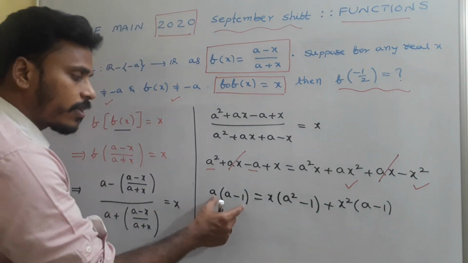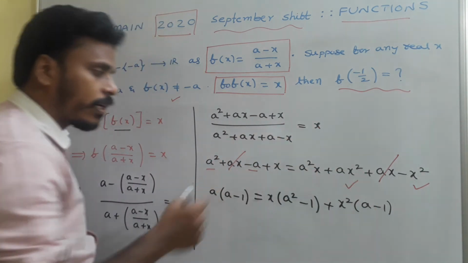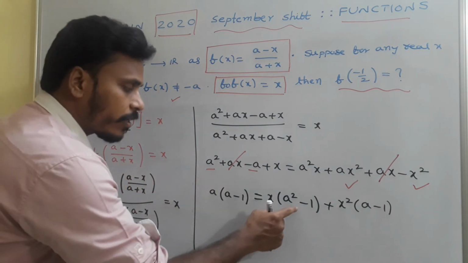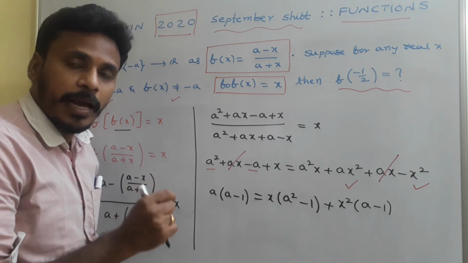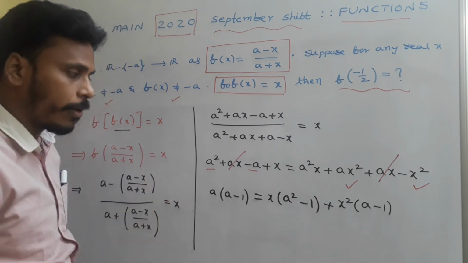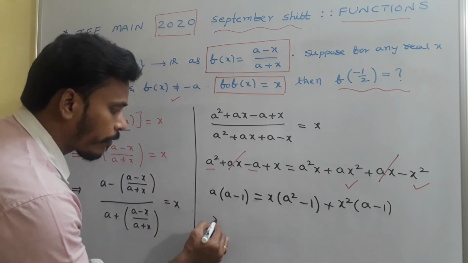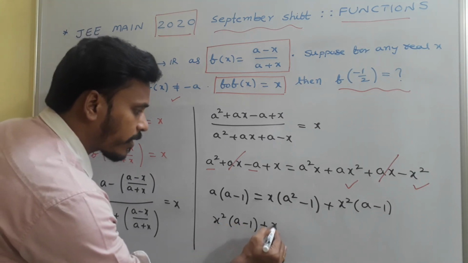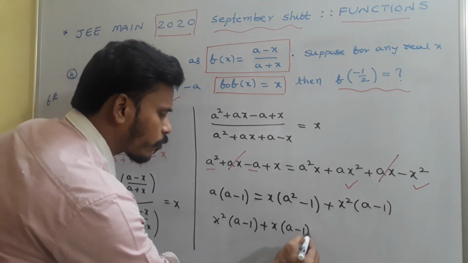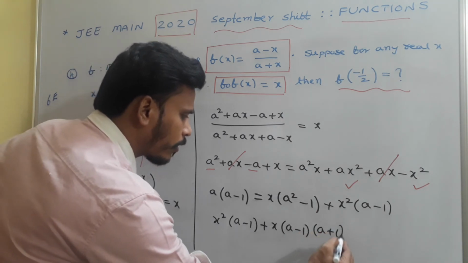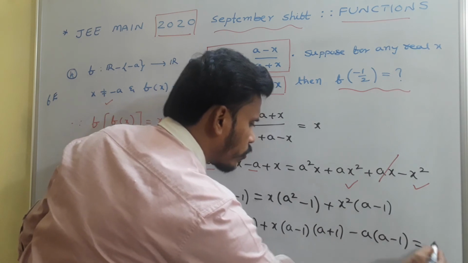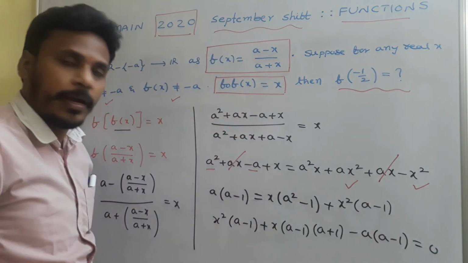So see, send this a into a minus 1 that side and common out a minus 1 from all the terms. This a square minus 1 is nothing but a minus 1 into a plus 1. I think you are all familiar, right? I will rewrite for you: x square into a minus 1 plus x into a minus 1 into a plus 1 minus a into a minus 1 is equal to 0. This term is x square into a minus 1.